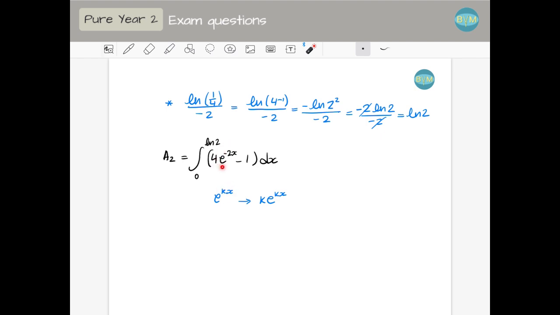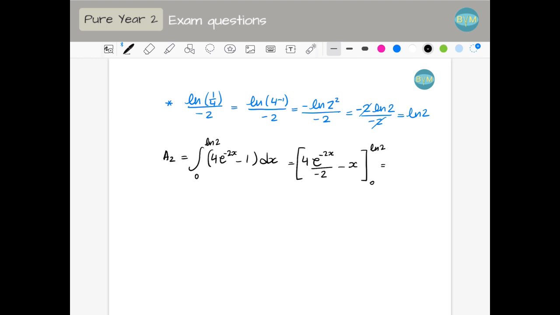So when we integrate, we are going to divide only by the derivative of the exponent, by the k. So if I integrate that function, I'm going to have the 4 at the front, and then e to the power minus 2x divided by minus 2. Then the integral of 1 is x, and I'm going to substitute between 0 and ln 2.